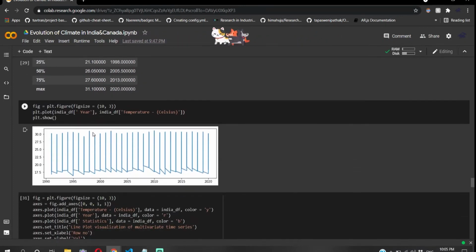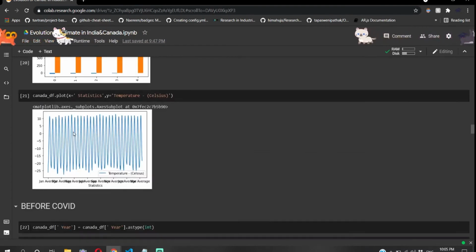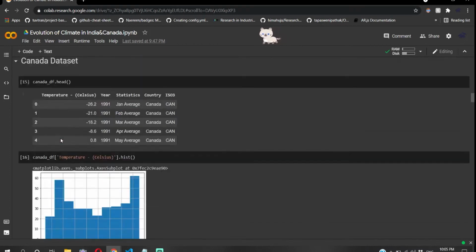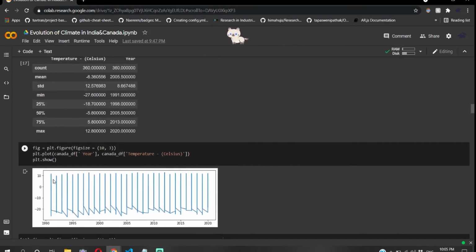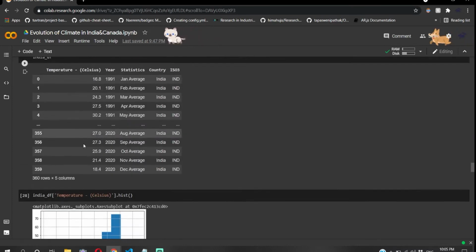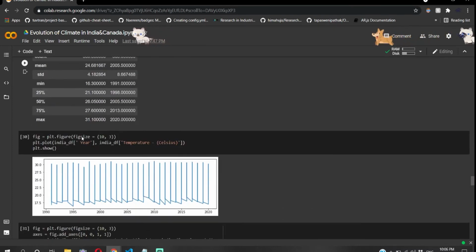I've made plots of year and temperature. You can see that in India we have 30 degrees Celsius, but if I go to Canada, it's more like 11. So there's a huge difference between the highest points as well.